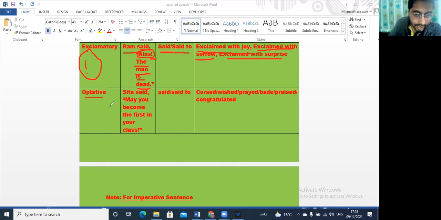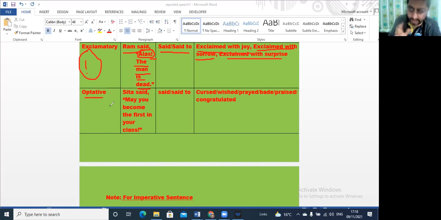What is the meaning of optative sentence? Actually, optative sentence is such kind of sentence which deals with the idea of cursing someone, wishing someone, praying, begging, praising, or congratulating someone. It is slightly different from exclamatory sentence. How?